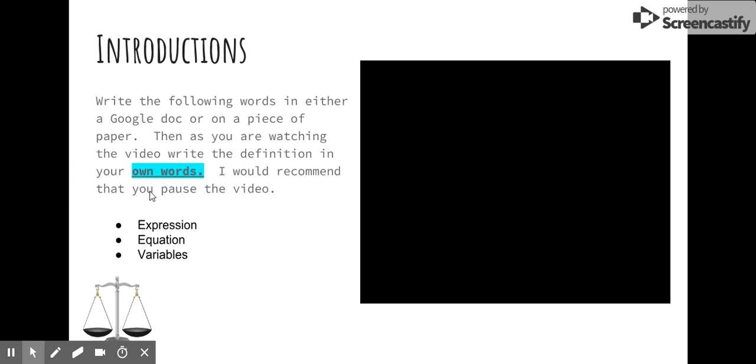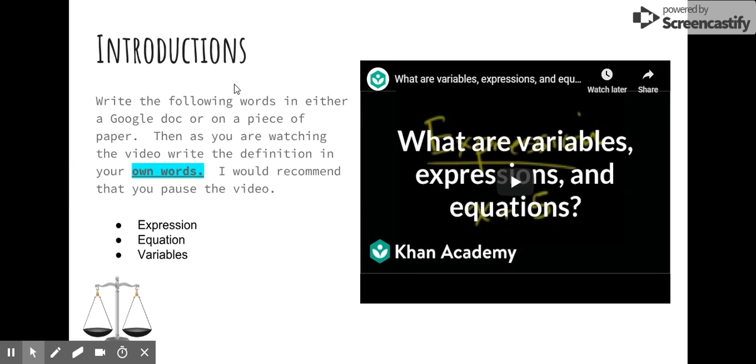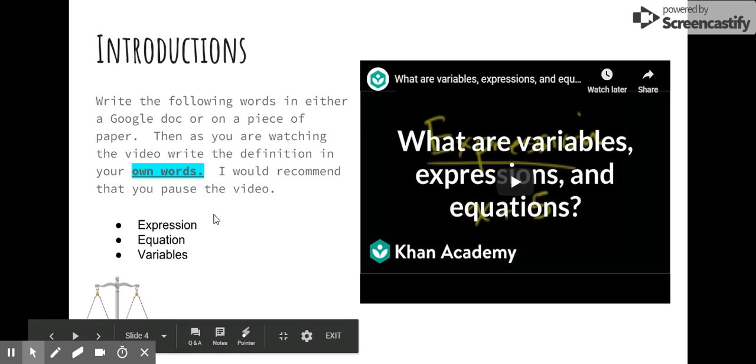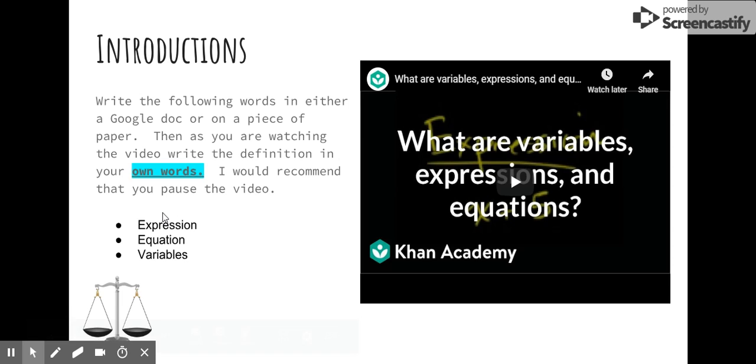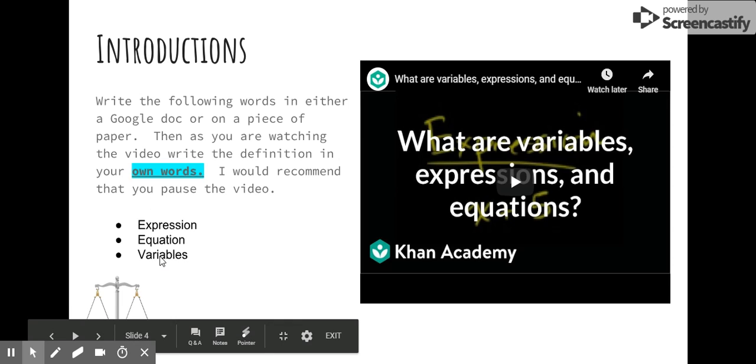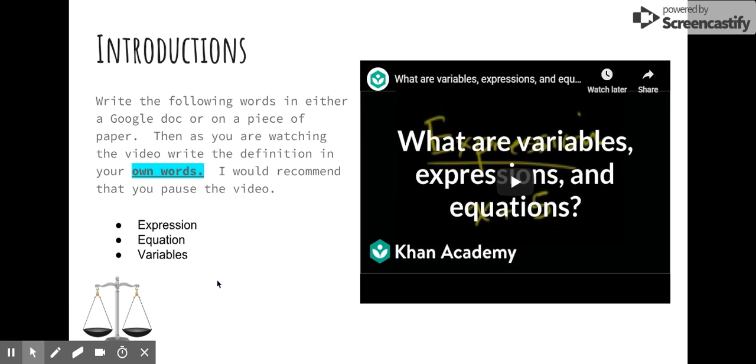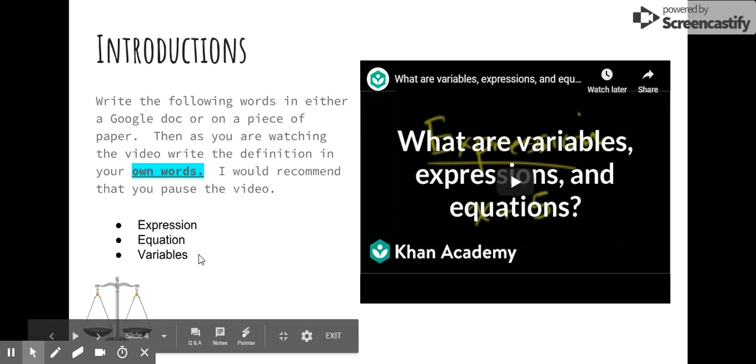Awesome. So you know how I always do an introduction. I always am very passionate about vocabulary, and I think in math especially it's important, because if they include a vocabulary word and you have no clue what the vocab word is, you're not going to know what to do to solve that problem. So the three words we're going to focus on today are expression, equation, and variables.